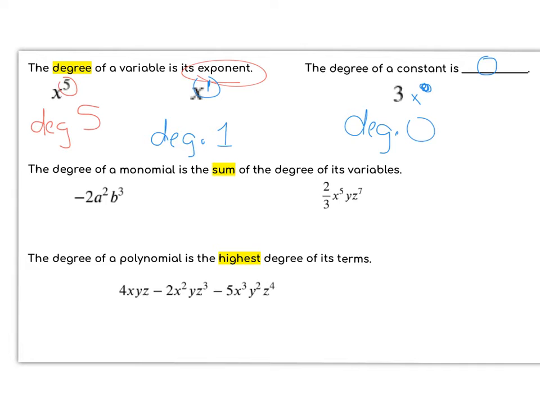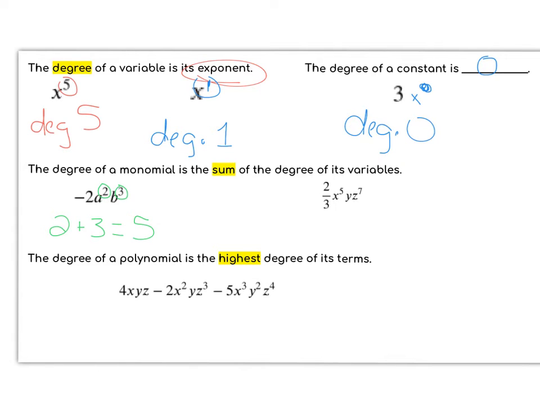Next, the degree of a monomial is the sum of the degrees of its variables. So this monomial right here, negative 2a squared b cubed, you look at the variables and you say, well, that has degree 2 and that has degree 3. So 2 plus 3, this has degree 5. So that monomial has degree 5.